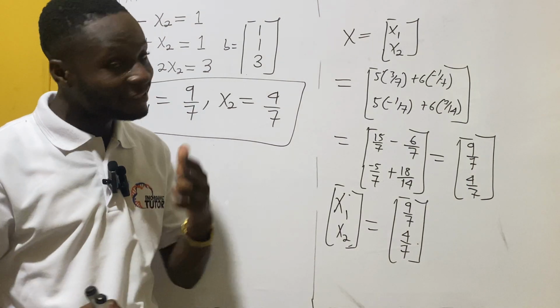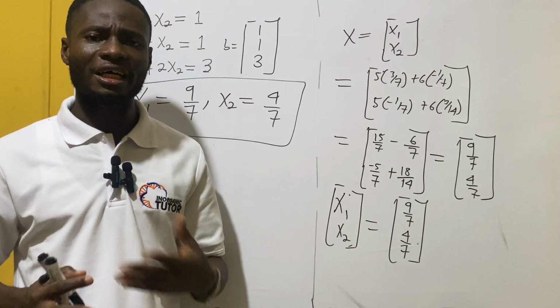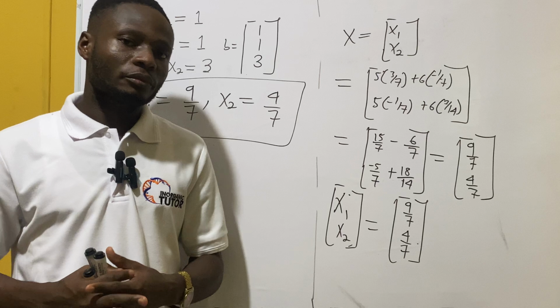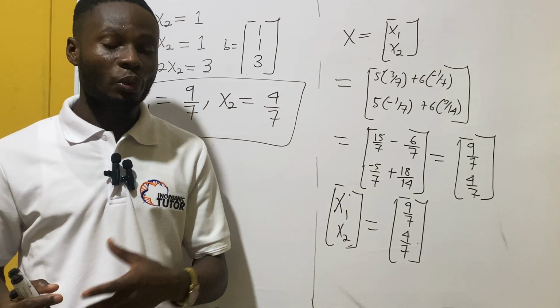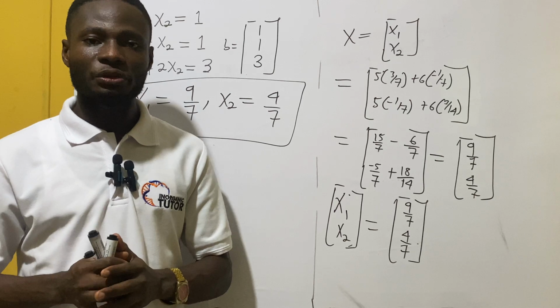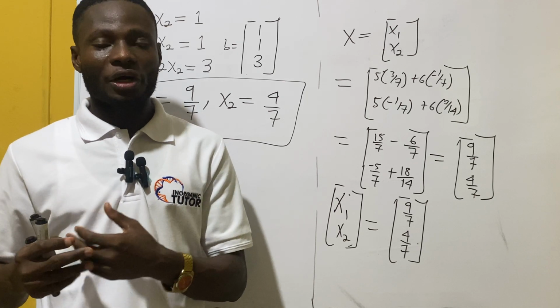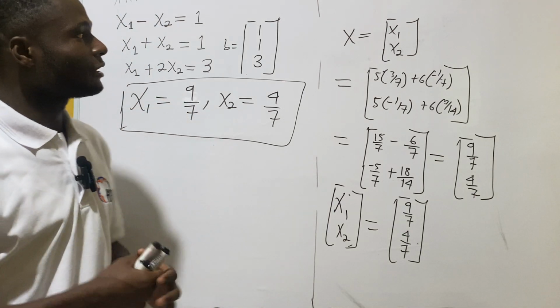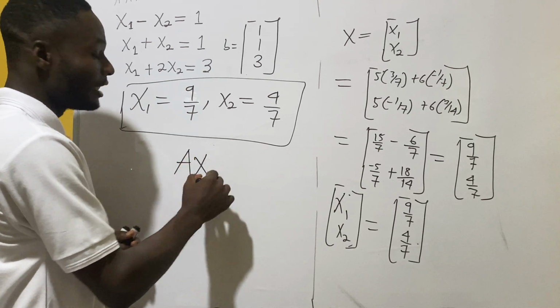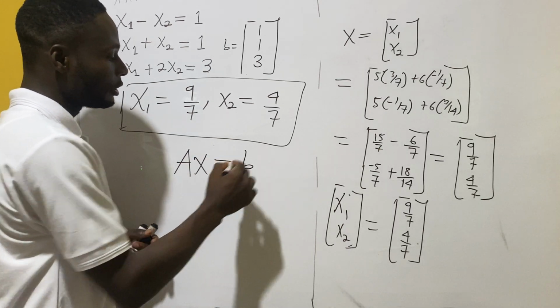Ladies and gentlemen, this is the process that we go through to find the least square solution for three systems of equations when we have two unknown variables. First, when you have this kind of question, you have to quote your formula, where we have Ax equals b, right?